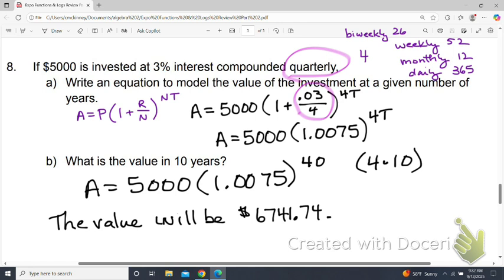Part C of this question is not a log question. It's actually an easier question. Part C says how much interest will be earned. So I want you to think about this. If this is going to be the value of the account in 10 years, and you invested $5,000, what is left if you would subtract your investment is the amount of interest that you earned.